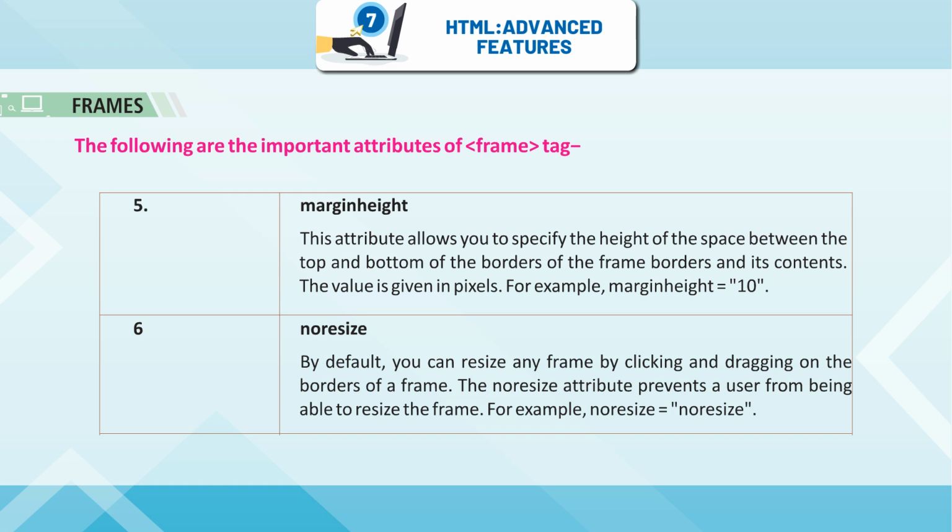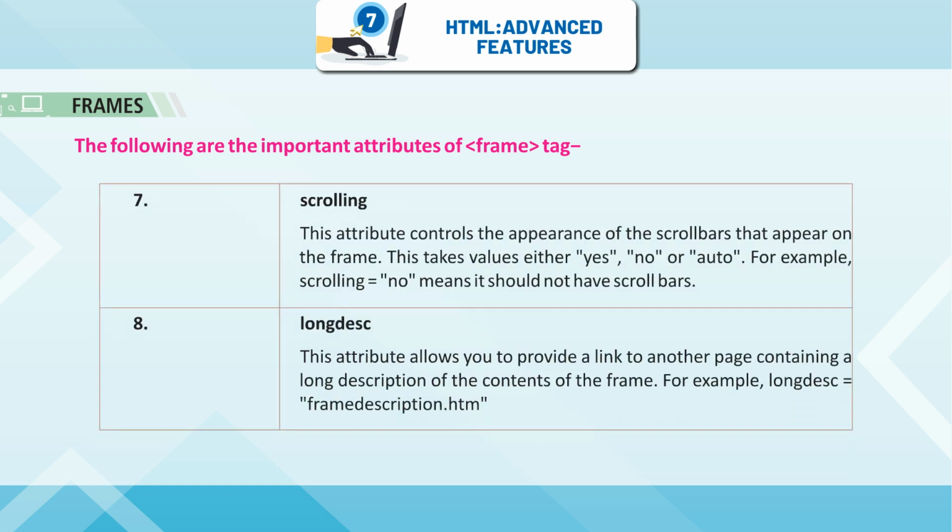6. No resize. By default, you can resize any frame by clicking and dragging on the borders of a frame. The no resize attribute prevents a user from being able to resize the frame. For example, no resize equals no resize in double quote. 7. Scrolling. This attribute controls the appearance of the scroll bars that appear on the frame. This takes values either yes in double quotes, no in double quote, or auto in double quote.